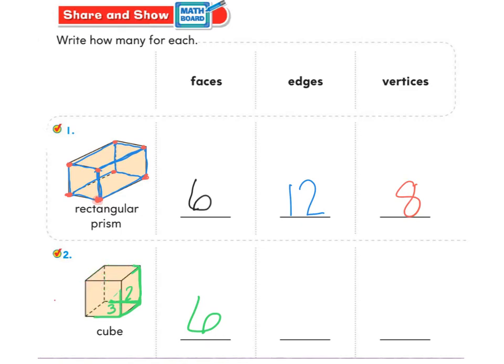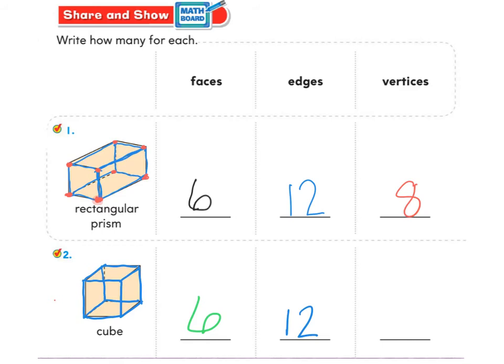Now we're going to count the edges. So here's 1, 2, 3, 4, 5, 6, 7, 8, 9, 10, 11, 12. 12 edges.